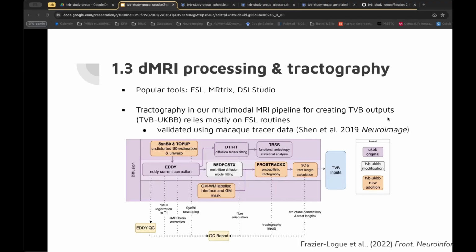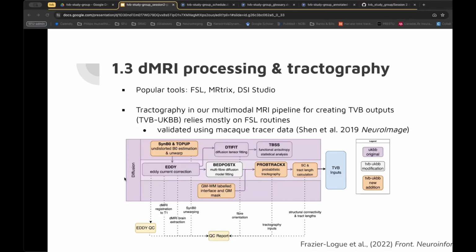We forked this pipeline from the UK Biobank pipeline, so that's why it's heavily FSL based. The one thing I will say about this pipeline in terms of its diffusion tractography is that the steps have been validated using the CAC tracer data, and we'll go into this in a little bit more detail in a minute as to why we might want to do these kinds of validations in diffusion tractography.